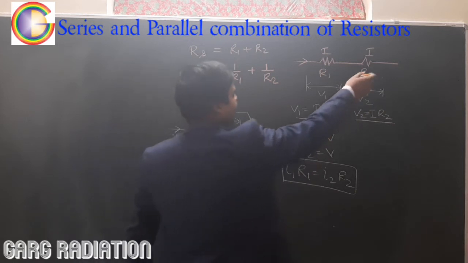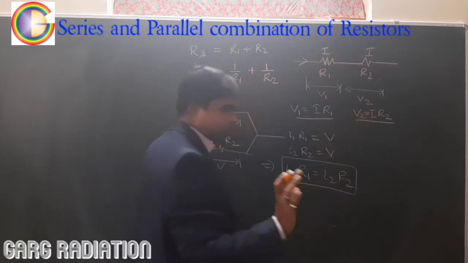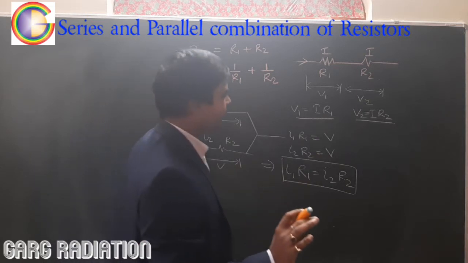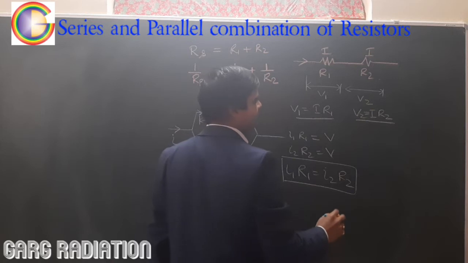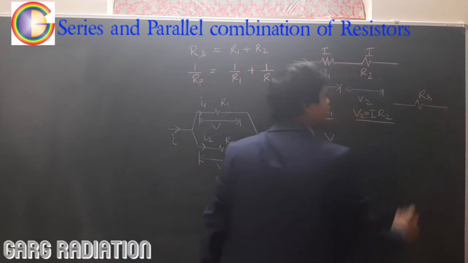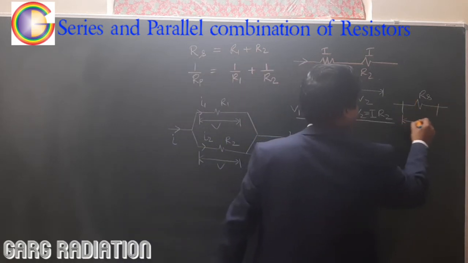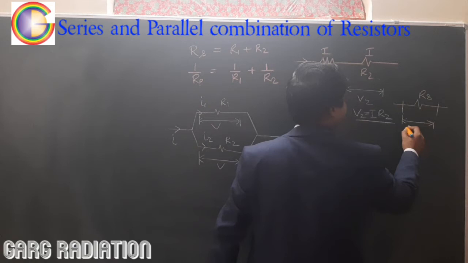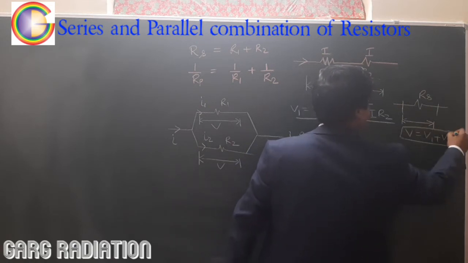What is the current here? The current is constant and voltage is distributed or divided. The sum of the potential differences here equals the potential difference of the equivalent. Suppose we write the equivalent as Rs, then the potential difference V across this equivalent is the sum of V1 and V2.